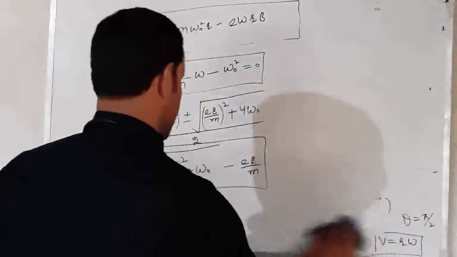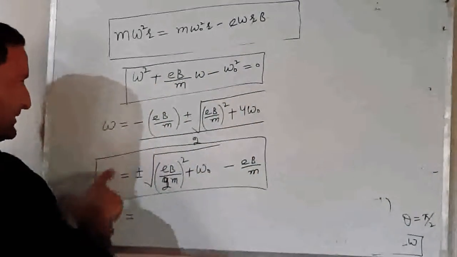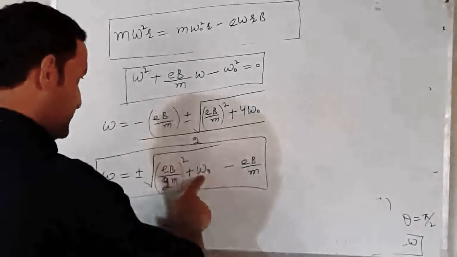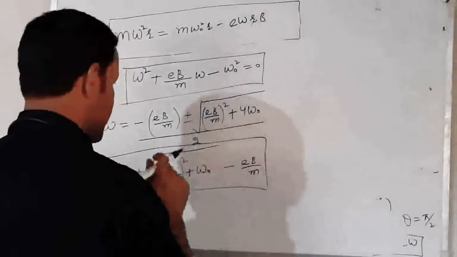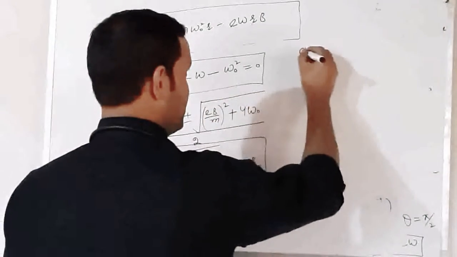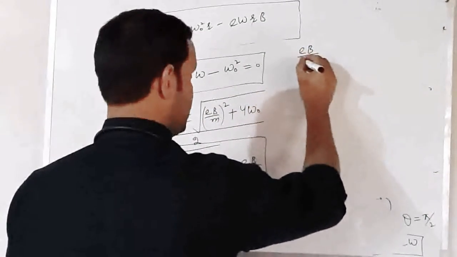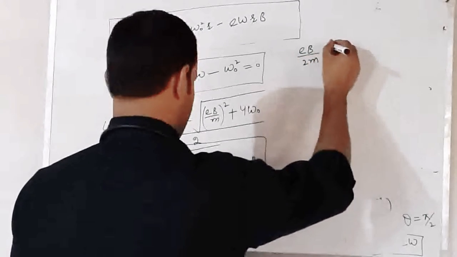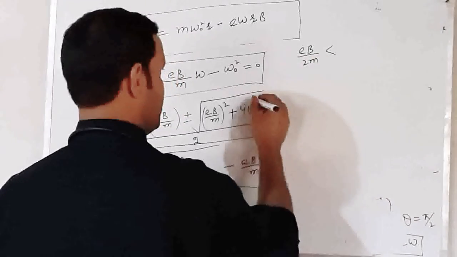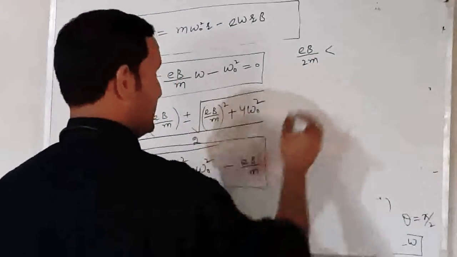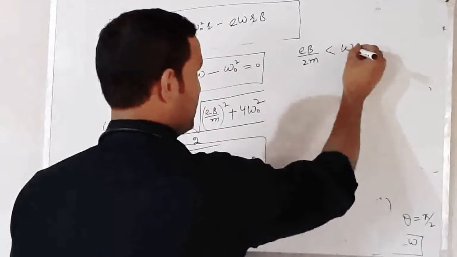Here eB upon 2m is much less than omega naught.